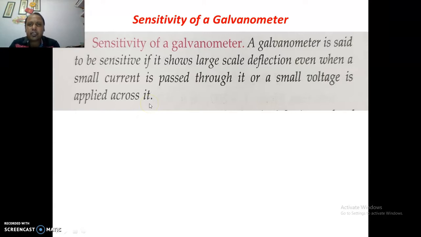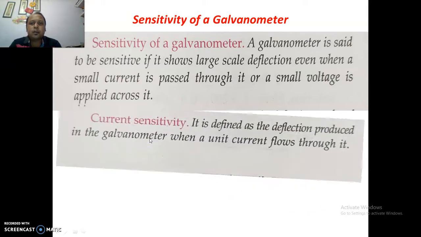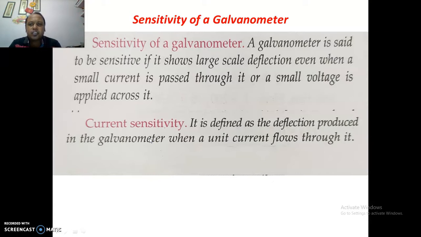For a small current or a small voltage applied across the galvanometer, if it gives a very large deflection, we call the galvanometer more sensitive. So sensitivity gives the measure of deflection for a small amount of current or a small amount of voltage applied across it. Now, first of all, we will discuss current sensitivity, and then we will discuss voltage sensitivity.